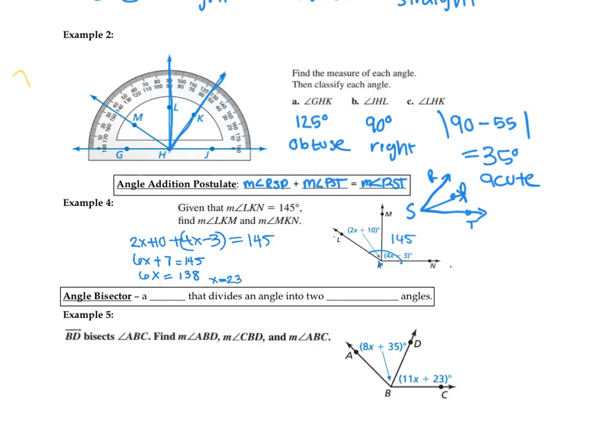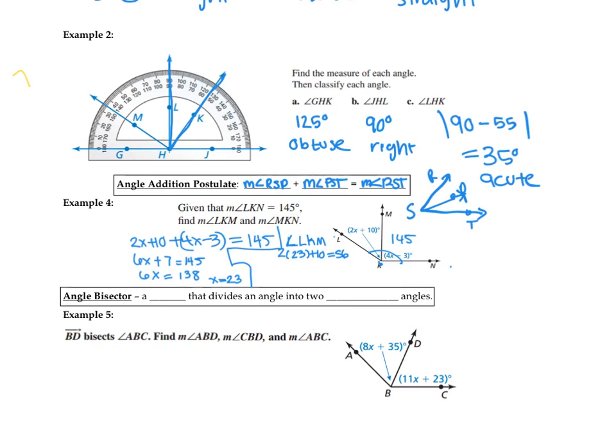All right? So I just found the x value. I didn't really find anything else. I still need to use that to find my two angles. So I'm going to plug that into angle LKM first. I'm going to do 2 times 23 plus 10 equals 56.